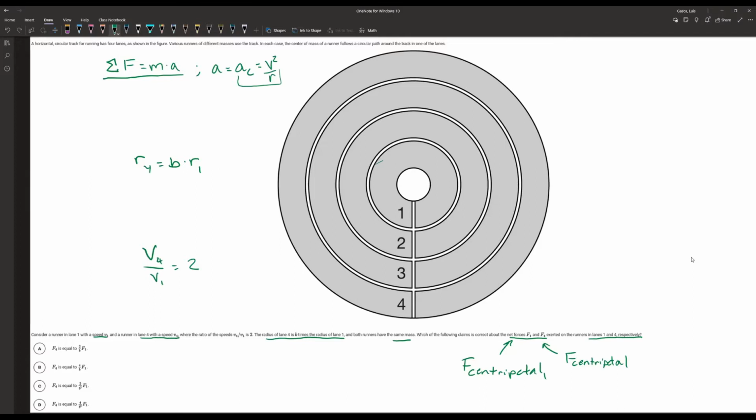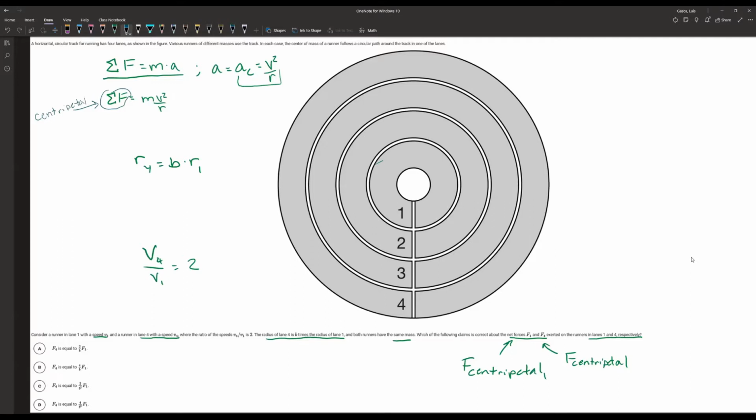So usually we say that the net force when we move around in a circle is called the centripetal force and is calculated by mv squared over r. All of this right here is the centripetal force.